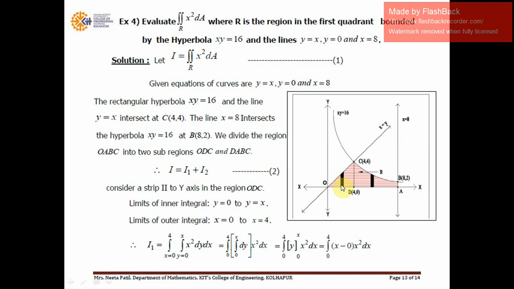So what happened if you consider the first strip, this strip, and consider the equation of the curves at both ends, then the lower end of the strip is on x-axis and the upper end of the strip is on the line x is equal to y.